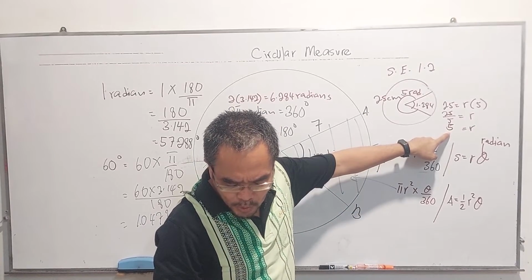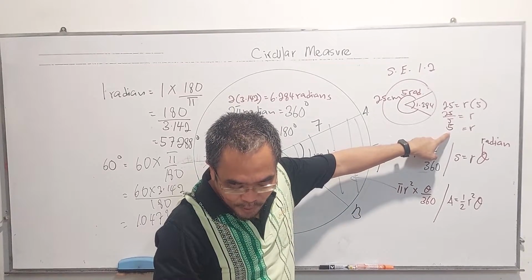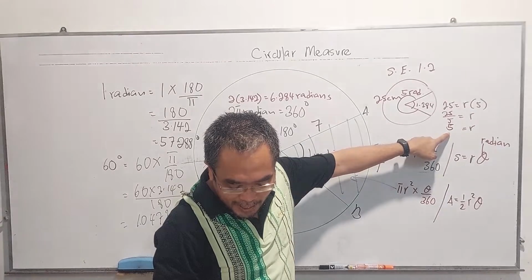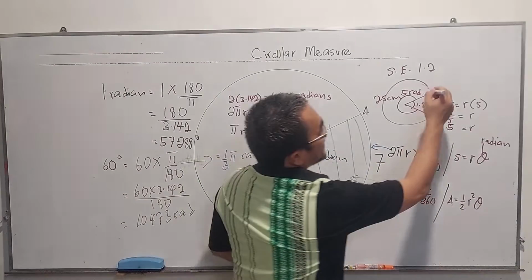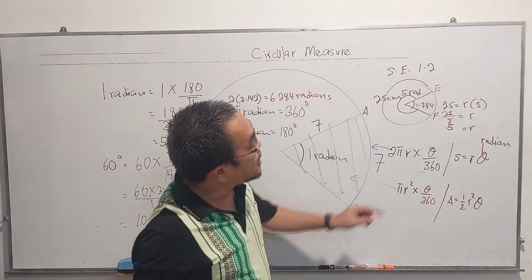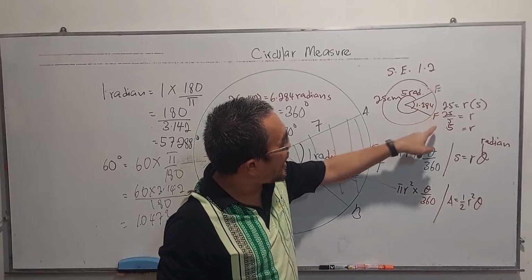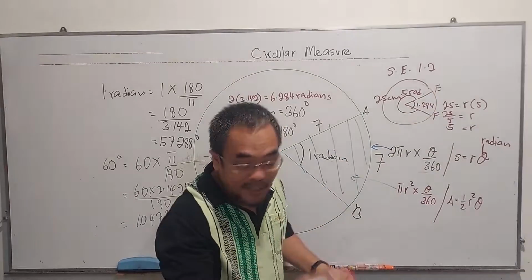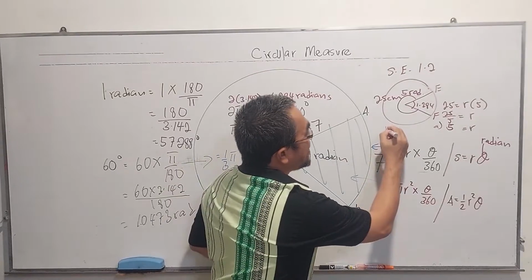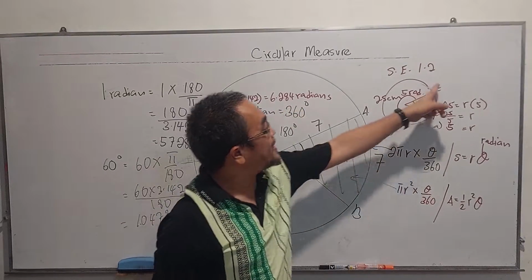That is the answer for A. And they want to find the minor length of EF. This is EF for info. Question A is asking for the radius, question B is asking for the length.